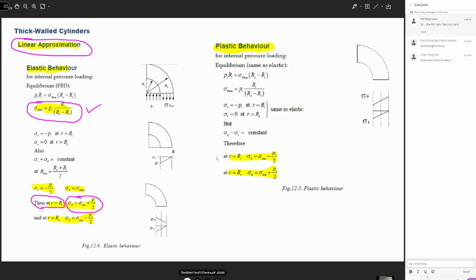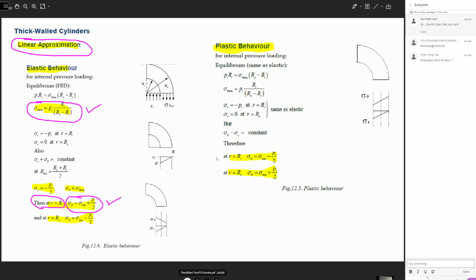These are the important expressions for linear approximation, elastic behavior. Sigma theta can be written as sigma average plus Pi over 2. What is sigma average? Sigma average is Pi Ri over Ro minus Ri, where Ro minus Ri is just the thickness of the cylinder.